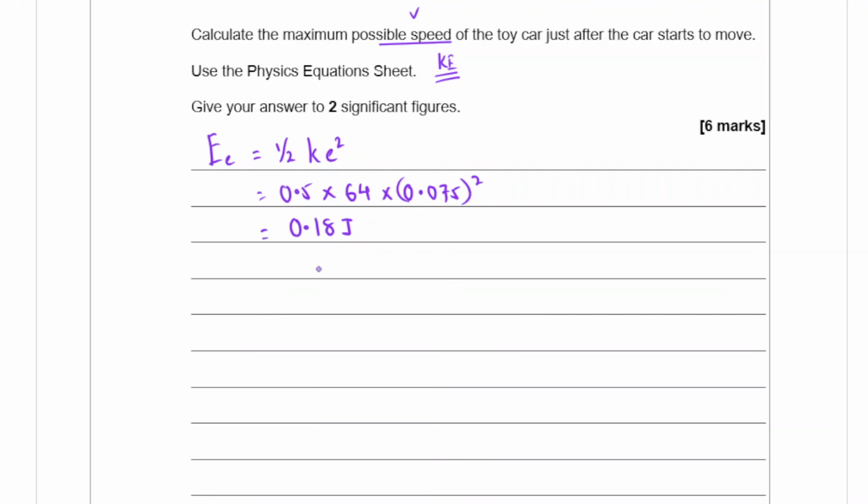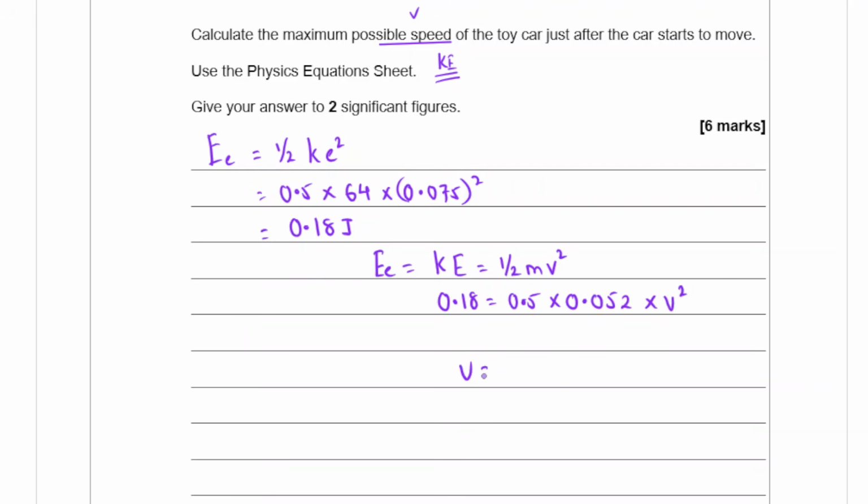Now, elastic potential energy, E, is equal to the kinetic energy. Now, KE is equal to half m v squared. So 0.18 is equal to 0.5 multiplied by the mass, 0.052, multiplied by velocity squared.